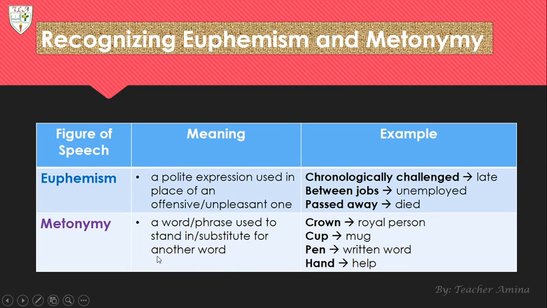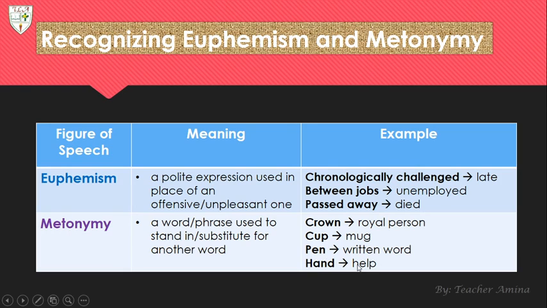So the other one is metonymy. It means a word or phrase used to stand in or substitute for another word. So for example, instead of using royal person, you can say crown. Instead of using mug, you can say cup. Instead of using written word, you can say pen.